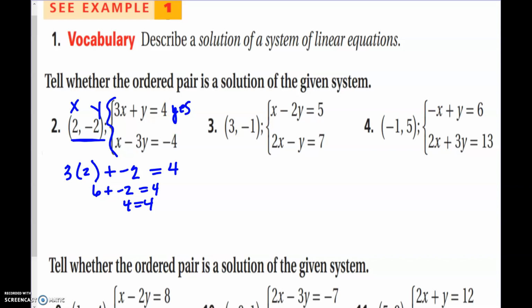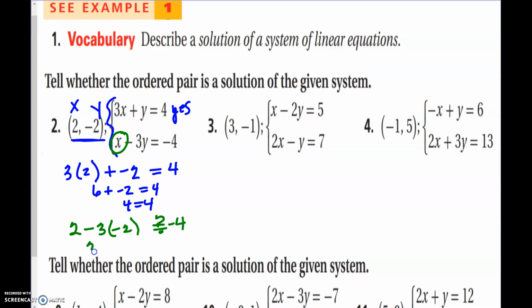So now we have to see, does this ordered pair work for the second equation also? All right, so in place of this x, we're going to put a 2 minus 3, and now in place of y, we're putting a negative 2, and we want to know, does that equal negative 4?